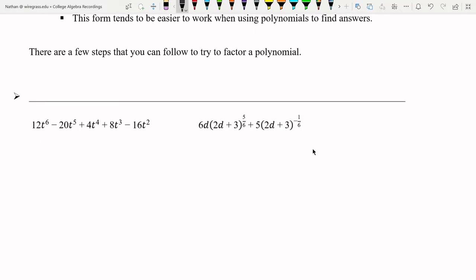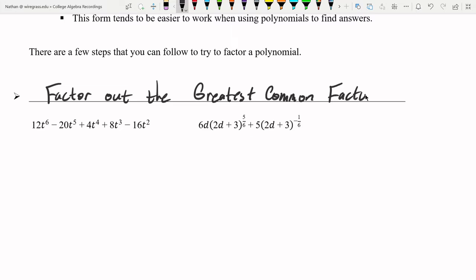The first one you should always do is factor out the greatest common factor, or the GCF. The reason why we do this is because when you take out the greatest common factor, typically the numbers and the powers on the variable become smaller, therefore easier to work with.